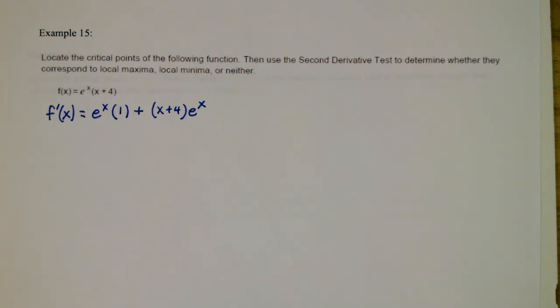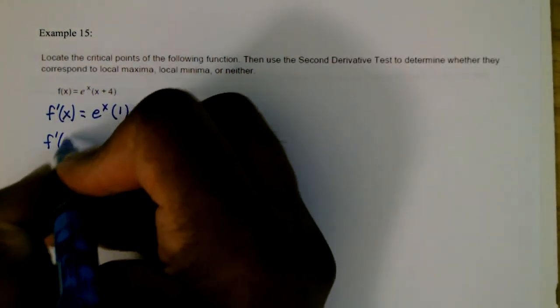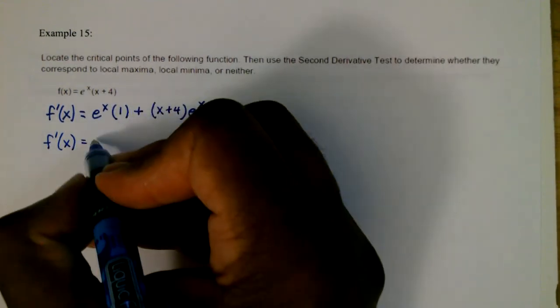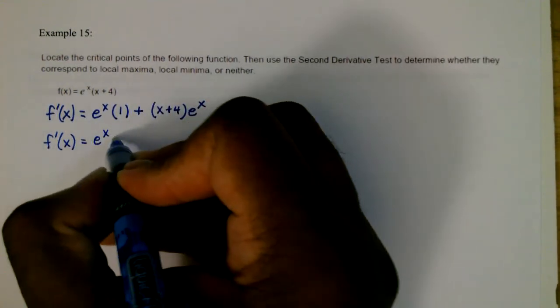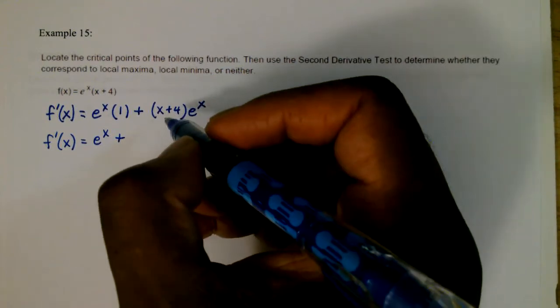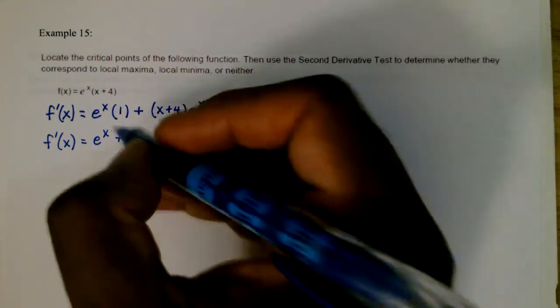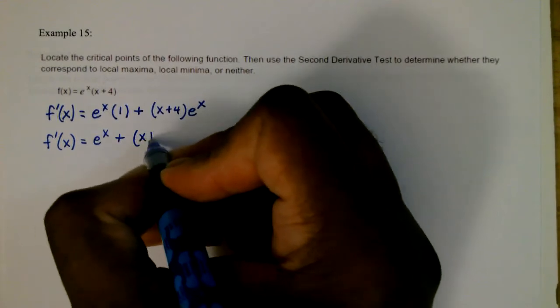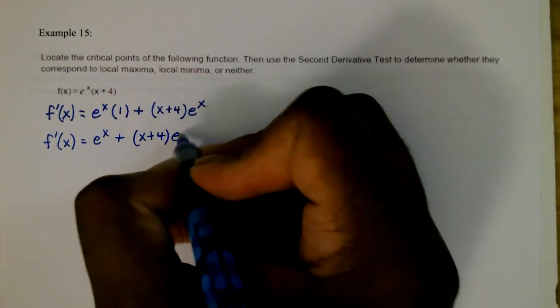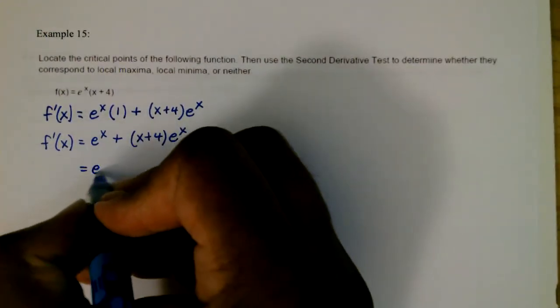Now let's simplify this a bit. e to the x times 1 is e to the x. Let me go ahead and bring this down, and then I can factor e to the x out. That'd probably be the easier way to do it.